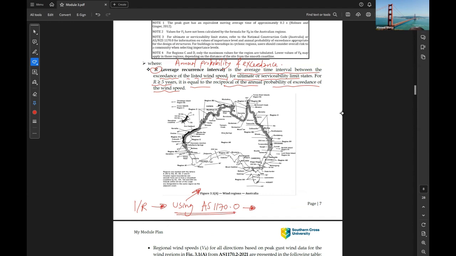The 1170.0 will give us the annual probability of exceedance, or the recurrence interval value R we are looking at, depending on the importance of the building.